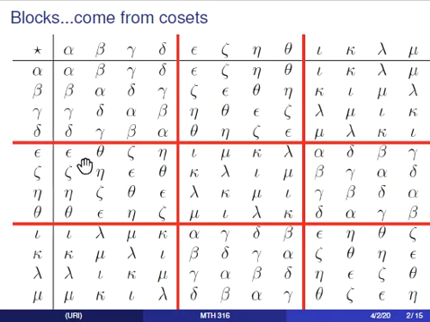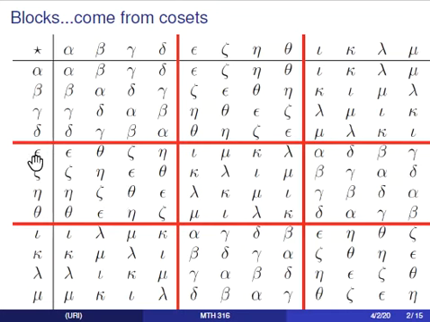Now, these are the elements of the coset epsilon H. Now, if I were to take zeta times H, I'm going to get these same elements, and eta times H gives me the same elements, and theta times H gives me those same elements because I'm seeing that this block is there.